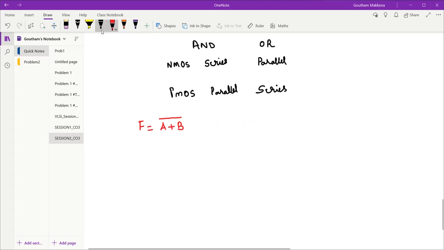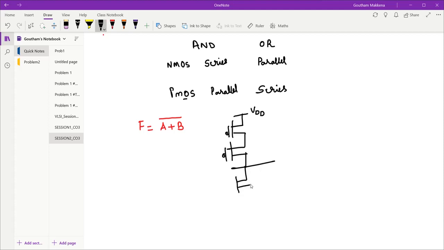So let us draw the NOR gate because it is an OR operation that is happening. PMOS have to be in series. So your PMOS transistors will be in series over here, and the NMOS transistors will be in parallel.